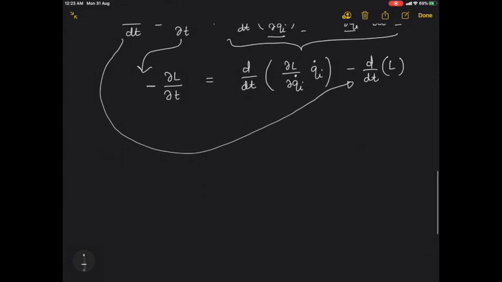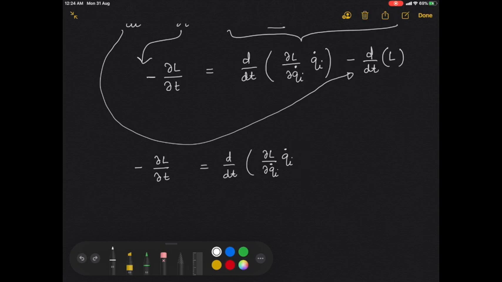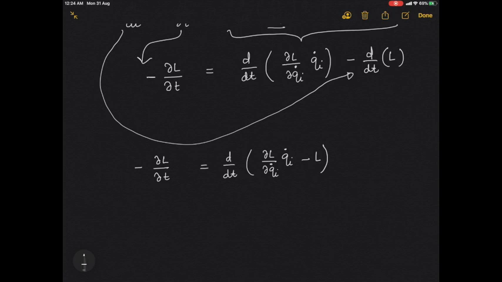Then you can write this as minus del L del t equals d/dt of del L del qi dot times qi dot minus L. Sorry, I just want to keep the L also in the same time derivative. Okay, so this is true in general along the trajectory.